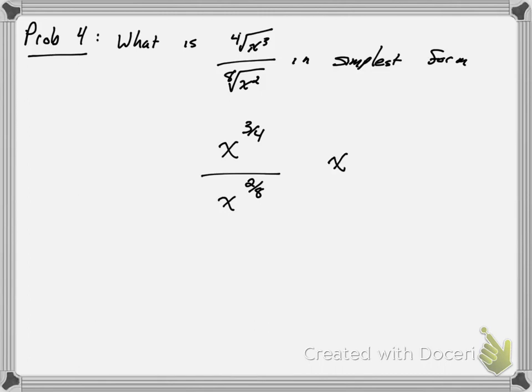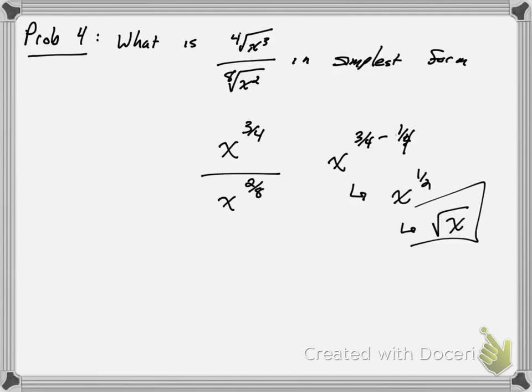When you divide, you subtract your exponents. 3/4 minus 2/8. 2/8 really just reduces to 1/4. 3/4 minus 1/4 is 2/4, which is really just x to the 1/2 power, which reduces to the square root of x to go back to radical form.